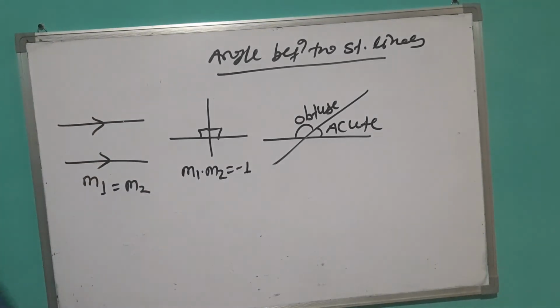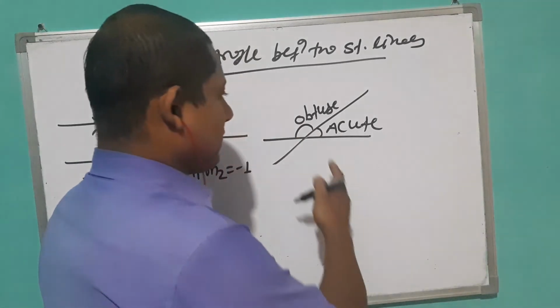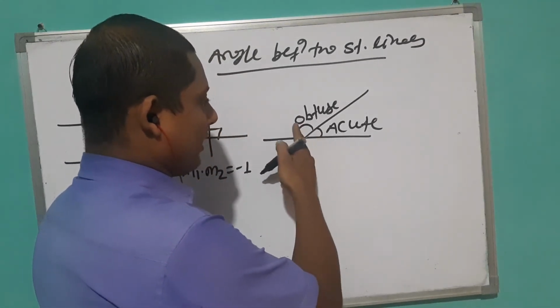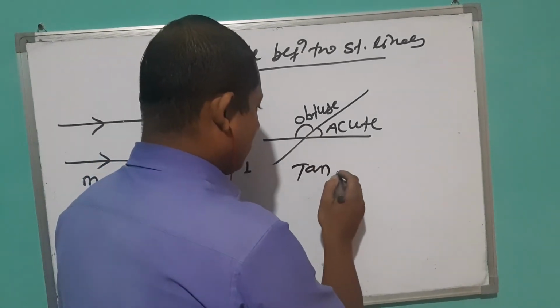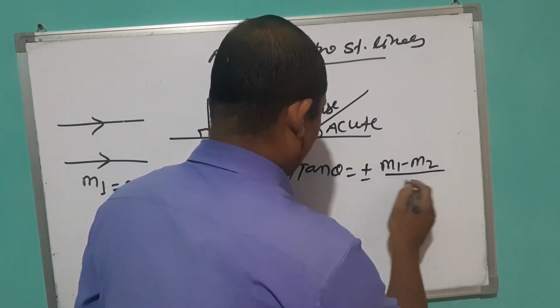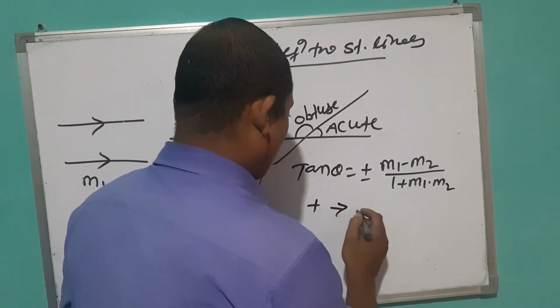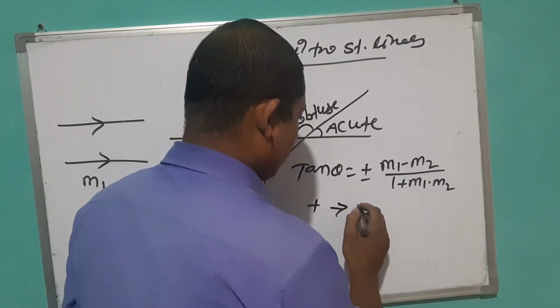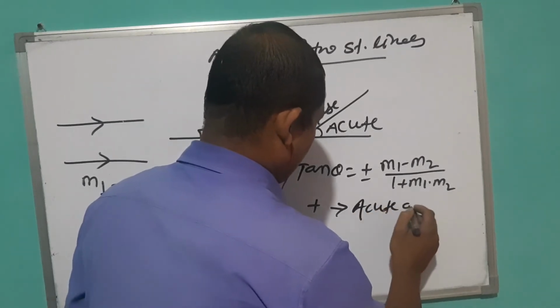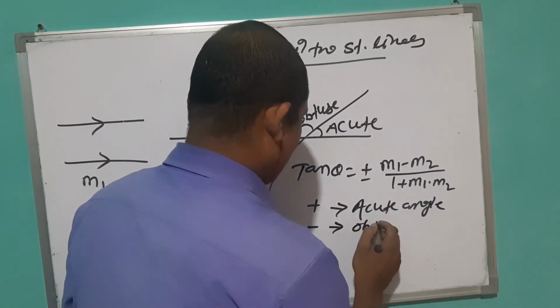Again, M1 is the slope of one line and M2 is the slope of the other line. Now, this acute angle and obtuse angle we can find out by this formula: plus minus M1 minus M2 by 1 plus M1 into M2, where the plus gives the acute angle, but the minus always gives the obtuse angle.